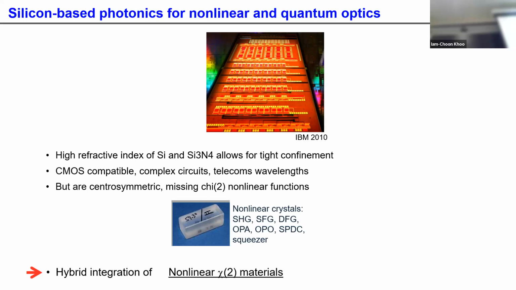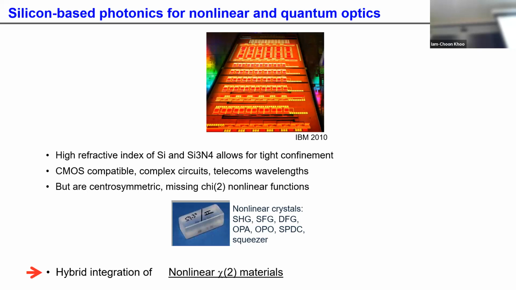So some very basic functions, for example, second harmonic generation, spontaneous optical frequency down conversion, and optical parametric oscillators, those very simple quantum optics techniques you cannot realize with these devices.